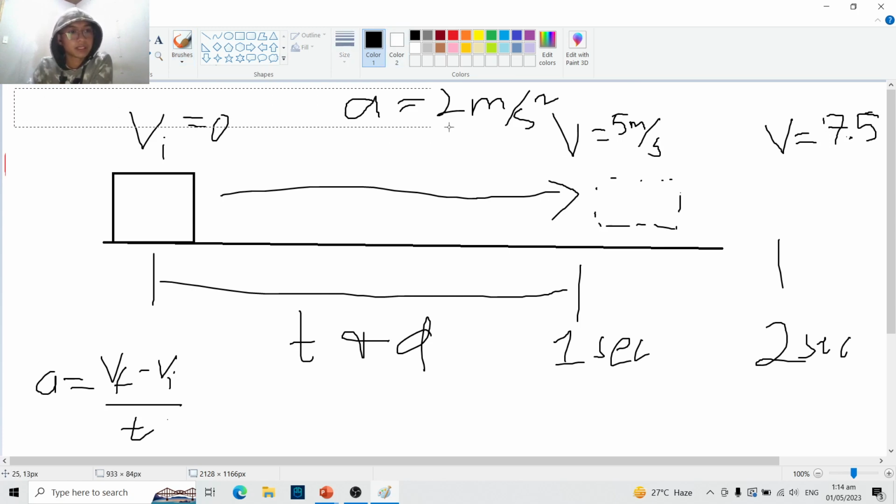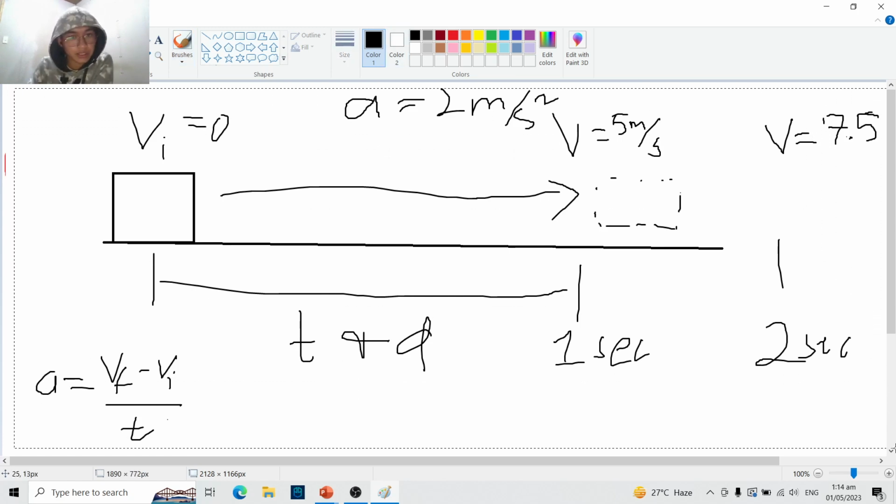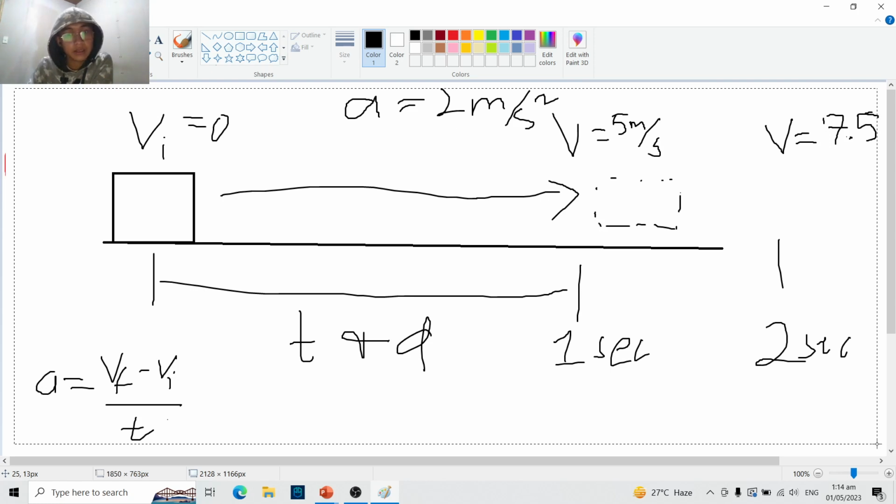If I were to repeat, I illustrated this in a horizontal direction.